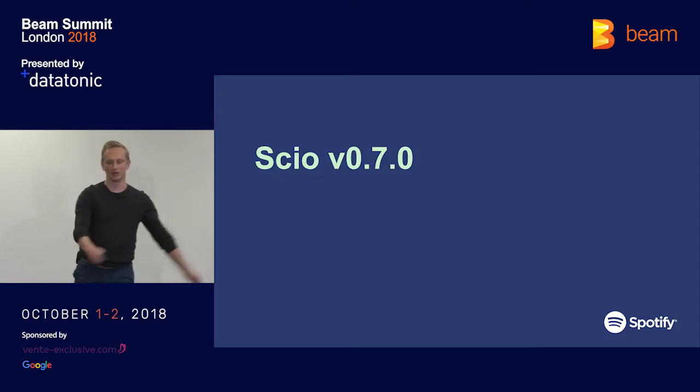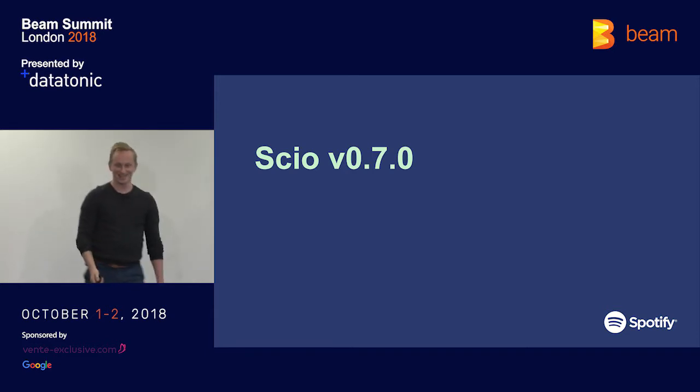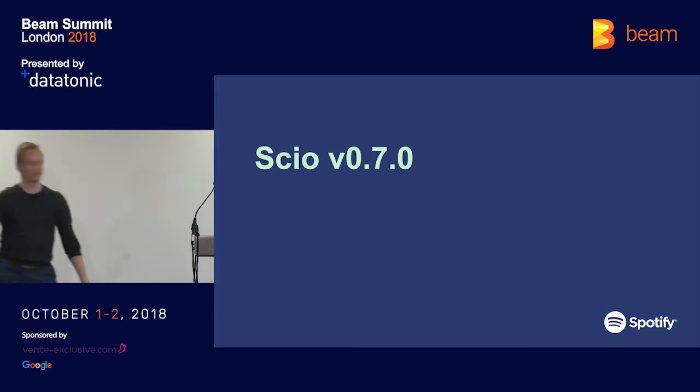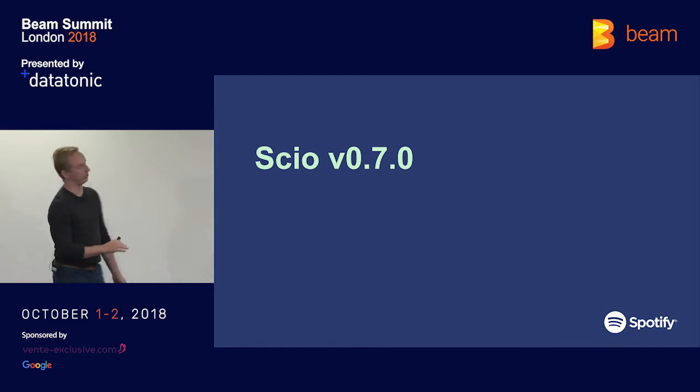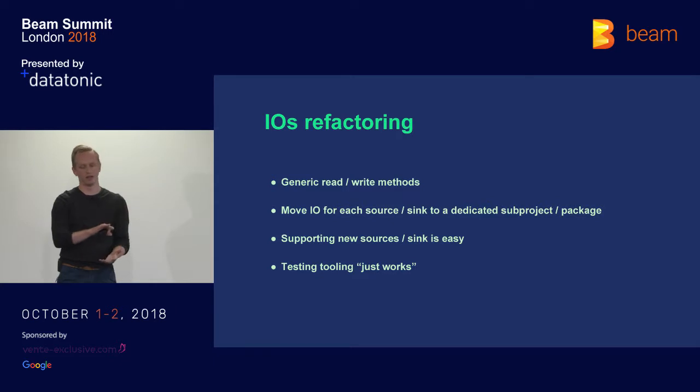All right, so the current version of Scio is 0.6 something. In the next few days, we are going to release Scio 0.7, which is the first release where we're actually breaking things. Sorry. But we brought a new bunch of good stuff. We refactored how Scio is doing IOs, so it makes it a lot easier to add new IOs to Scio.